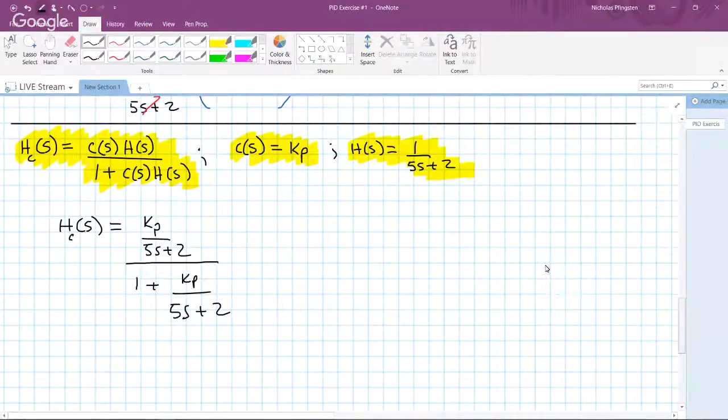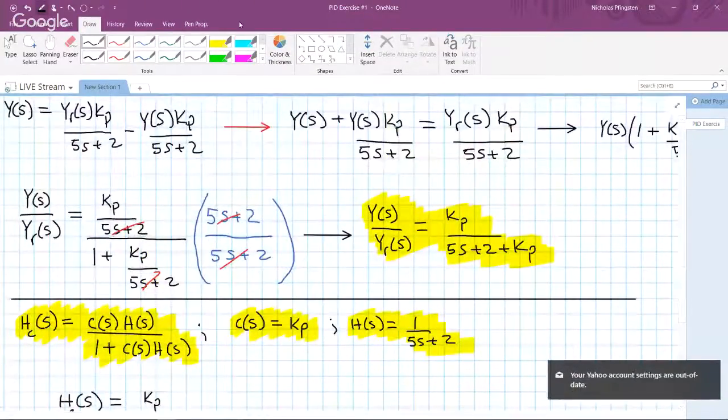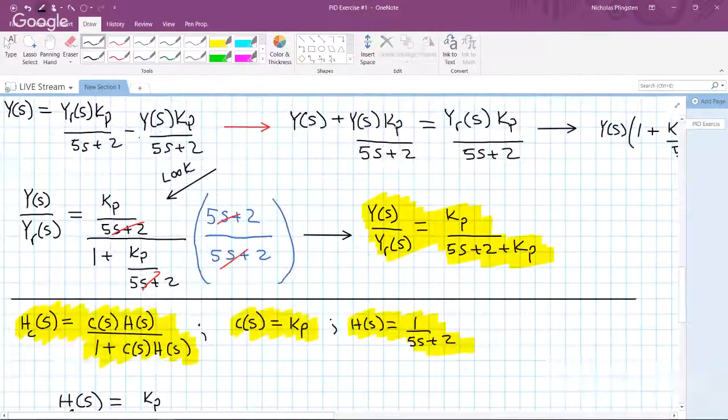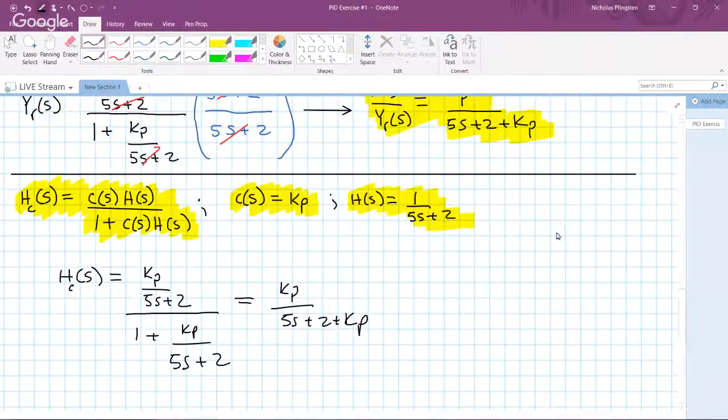Doesn't this look familiar? Same thing. So you already know what the final outcome will be because we simplified it earlier. It'll just be Kp all over 5s plus 2 plus Kp. So that's just to show you another way.